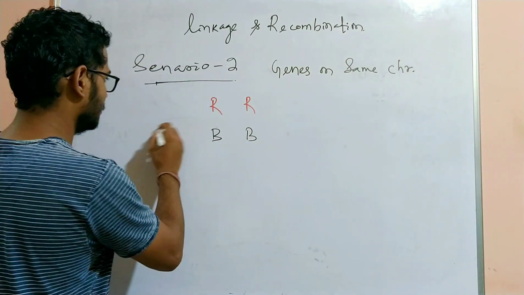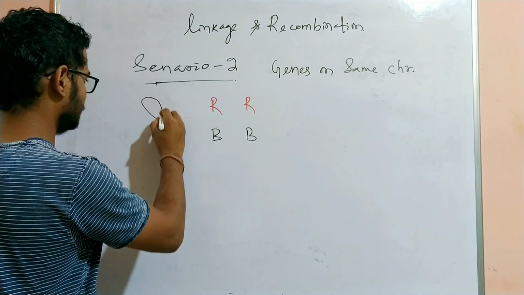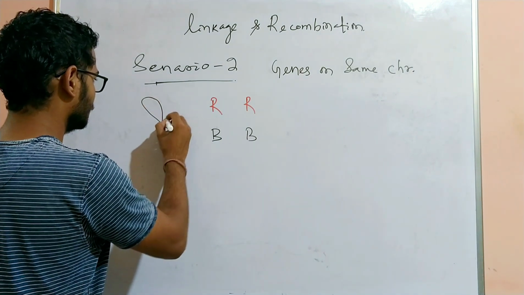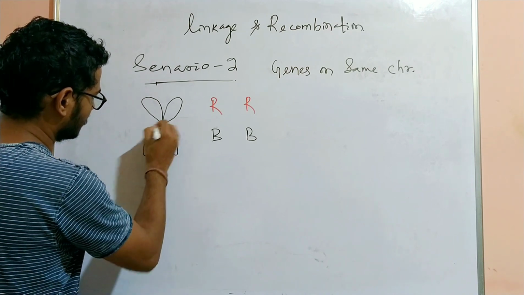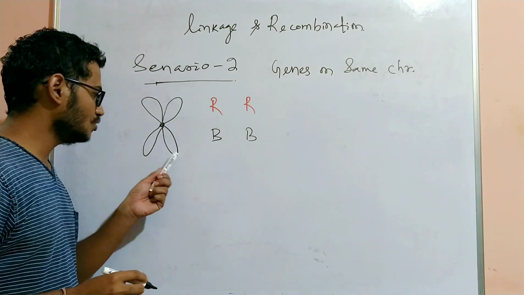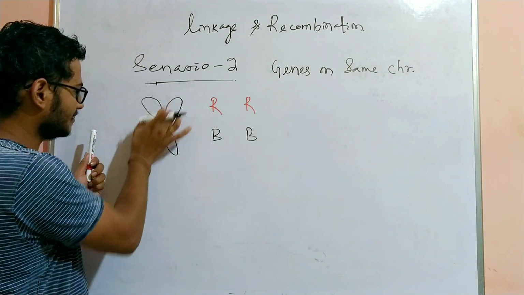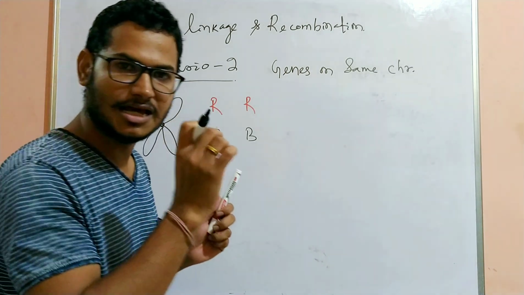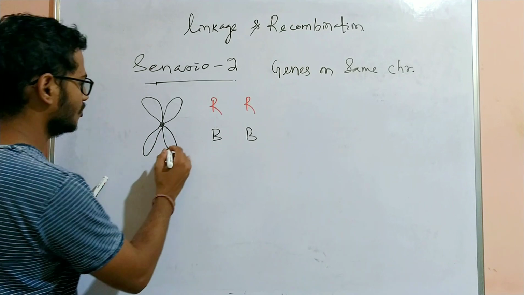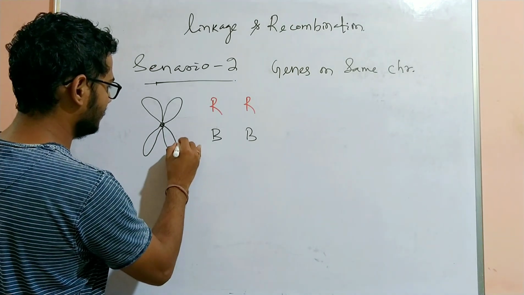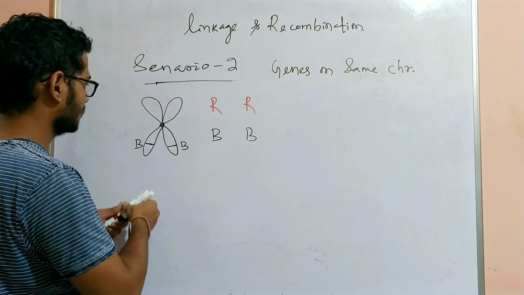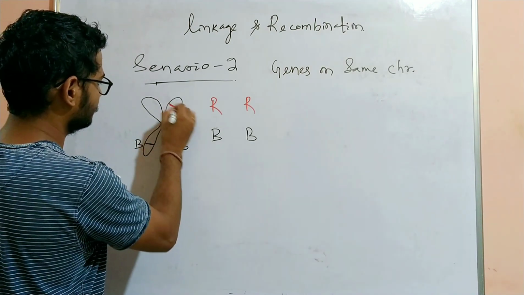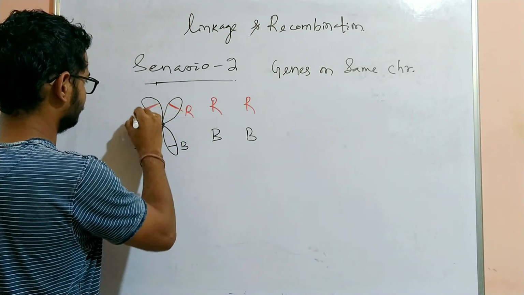We know the structure of a chromosome. So this is one chromatid and this is another chromatid. These are two sister chromatids and together they form a single chromosome. So in this chromosome we have capital B here and here also, and capital R here and here.